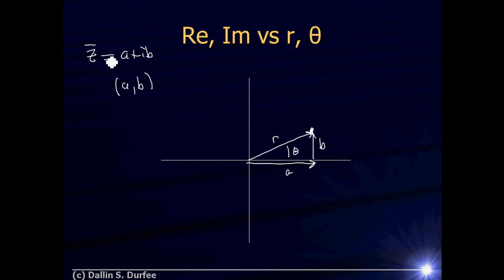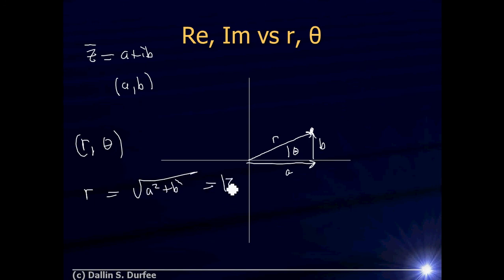So if you have some number, z is equal to a plus ib, instead of telling you the real and imaginary parts, I can tell you the magnitude of the number, r, and the angle theta, which we call the phase angle of that number, all right? The magnitude is just equal to, let's use Pythagoras's theorem, a squared plus b squared, square root of that.